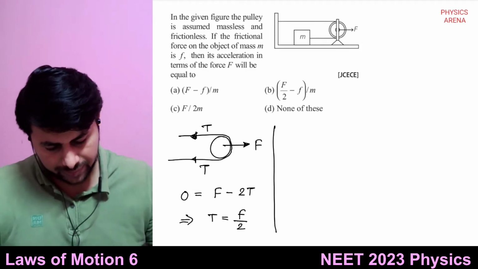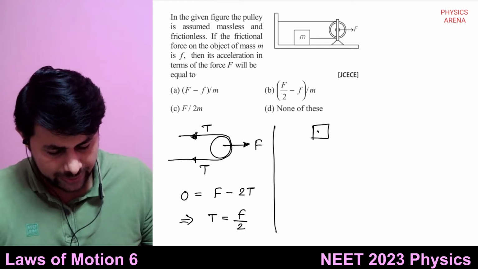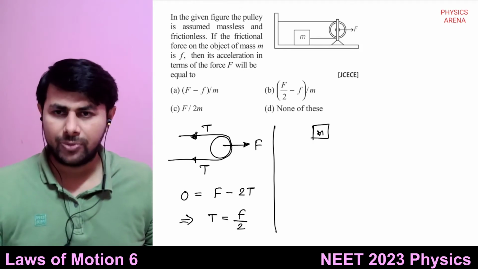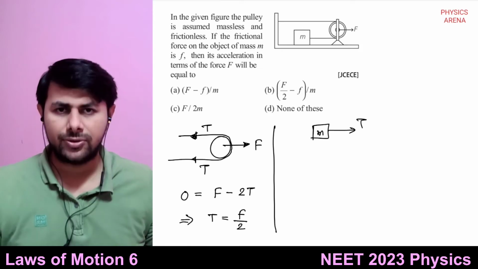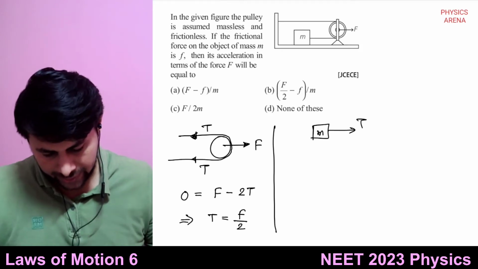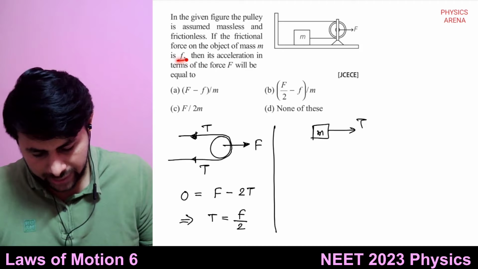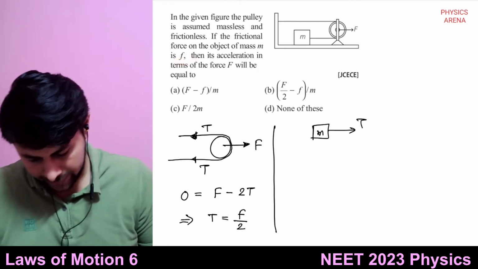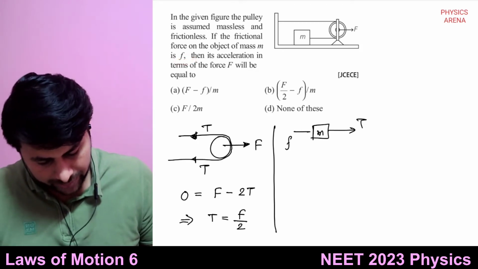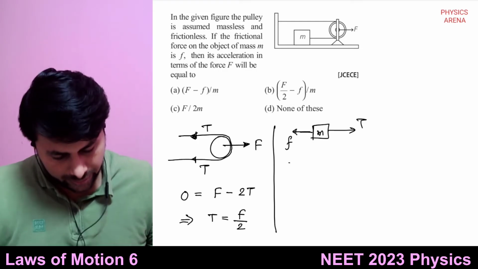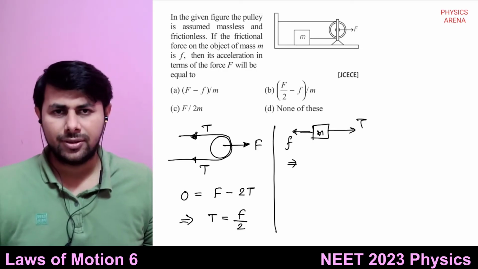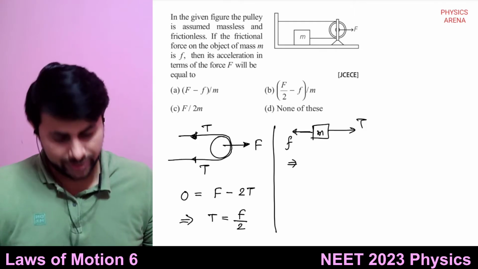And then you have this mass. What are the forces acting on this mass? There is one force due to the string, tension in the string, and it's given that there is some friction, small f, towards the left. So what is the net force? T minus f is the net force.